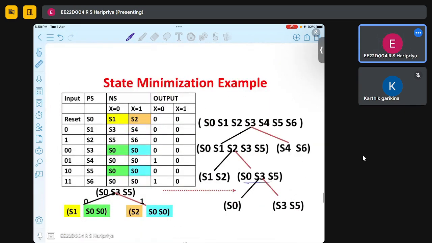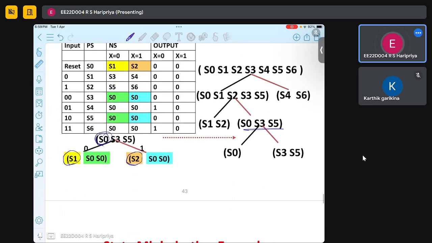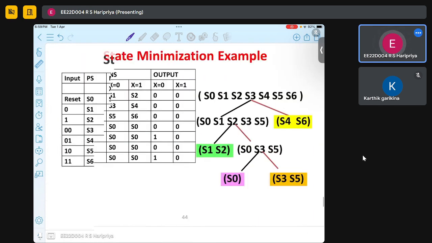So we're checking for this. S2 is different, and S2 comes from S0, so S0 is different. And for S1, S0 is different. So next S3, S5.